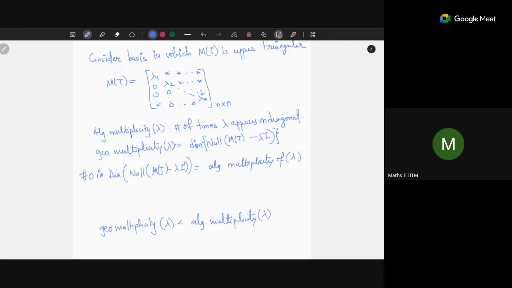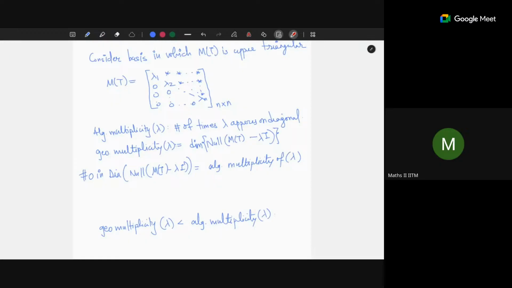Suppose this row is non-zero and you have obtained a zero over here in the diagonal, and you have obtained a zero over here, right? So what does it say? That only the first variable will be the independent one.